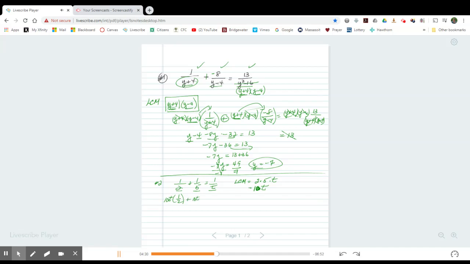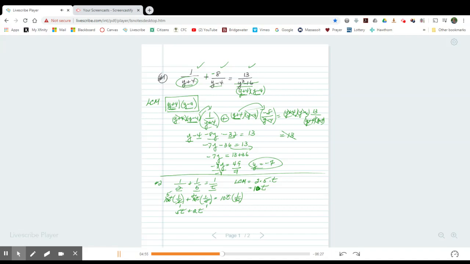So it's 10t times the first fraction, plus 10t times the second fraction, equal to 10t times the last fraction. All right, so you get cancellation. 2 into itself once, 2 goes into 10 5 times. 5 times t times 1, that's 5t. 5 into itself once, 5 into 10 twice. 2 times t times 1 is a positive 2t.